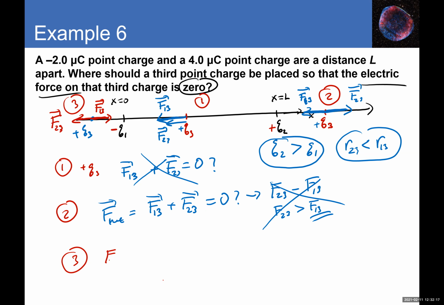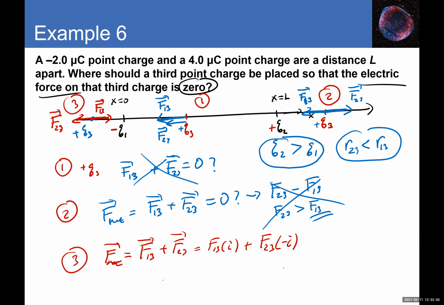So then F net is equal to F1, 3 plus F2, 3. And I can see that F1, 3 is I hat, F2, 3 is negative I hat, so that at least works. That means there's a possibility of canceling them, right?